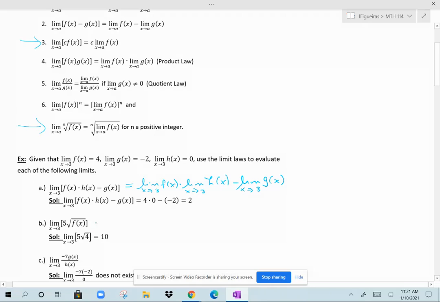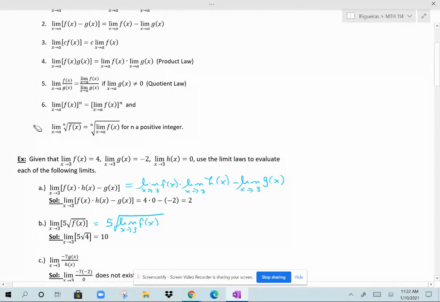So using my limit laws, this could get rewritten as 5 times the limit as x approaches 3 of f of x, and then we take the square root of it. So we know that the limit of f of x is 4. So when you plug in the numbers, you have 5 times the square root of 4, but we know the square root of 4 is 2. So your limit value is 10.